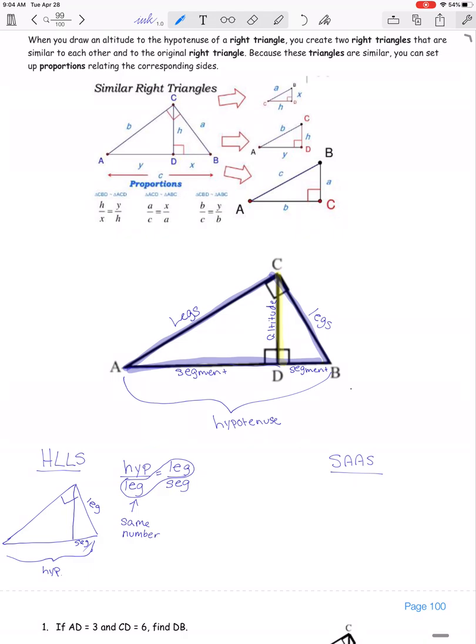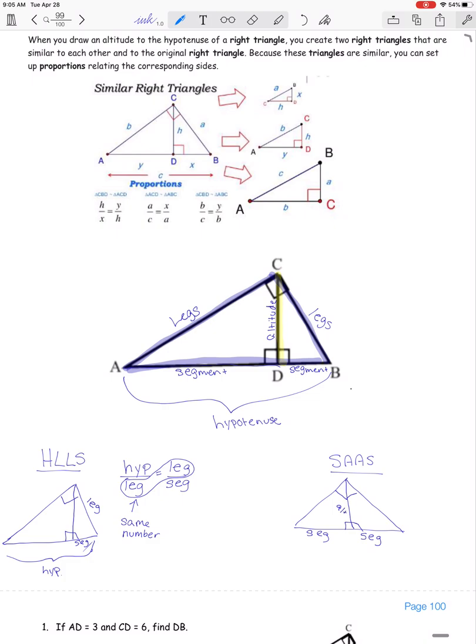Okay, so when we have SAAS, again, we have a right triangle with an altitude drawn to the hypotenuse, and we know an altitude forms right angles. So SAAS is if we have a segment, we have two segments, and we have an altitude.